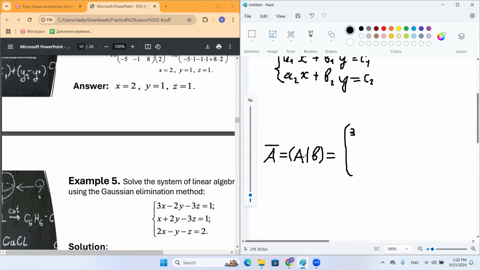Like matrix A, and then we will write a column of 3 members, 3 coefficients. And here just 1, 1, and 2.